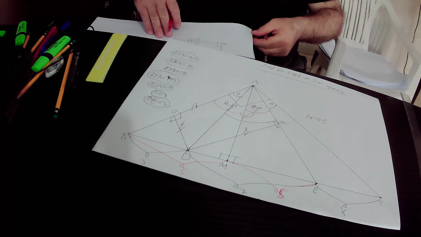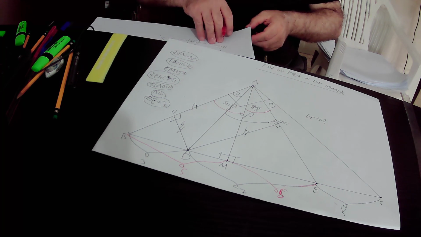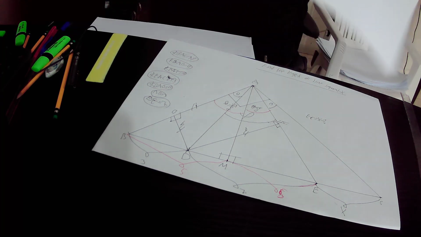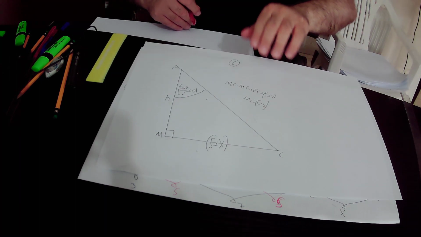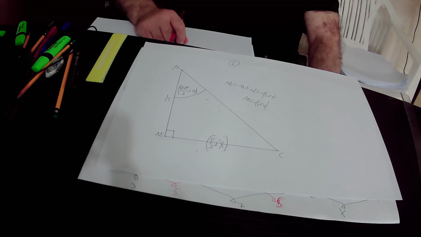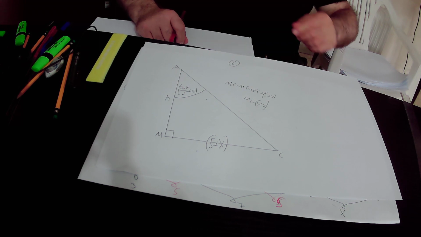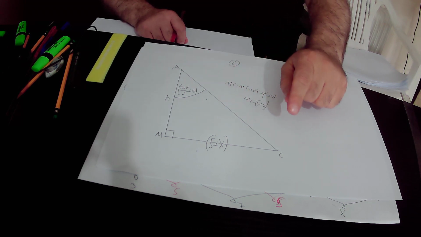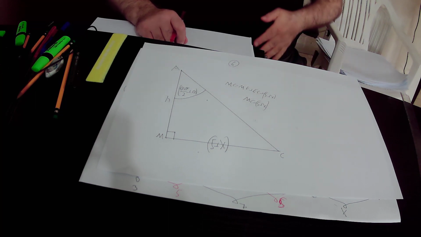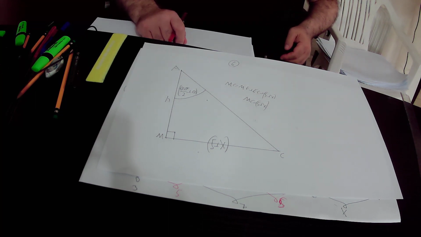So this is the right triangle AMC, and the only missing angle here is angle ACM. We'll find the value of angle ACM according to the rule that the sum of the angles in any triangle is equal to 180 degrees.